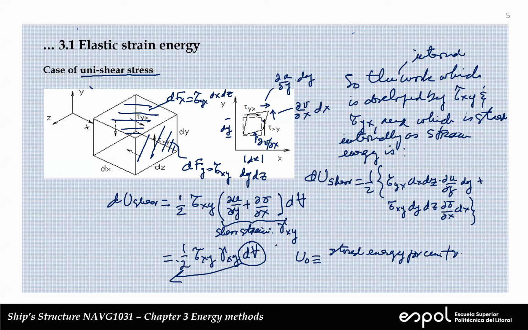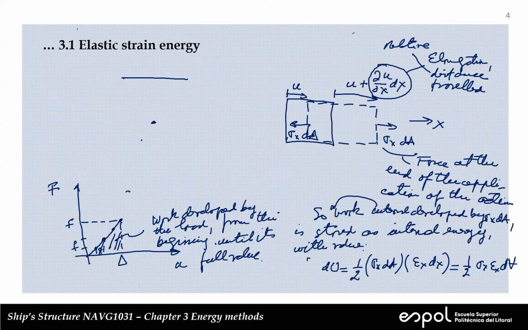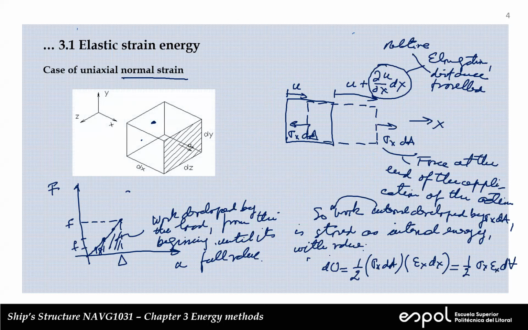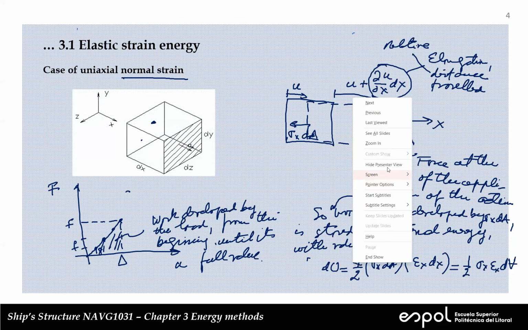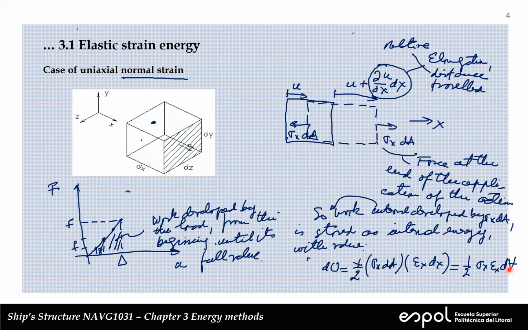From the previous case, let me go back here. You see that I have this. What I do is I take this differential volume and put it on the left-hand side, and I have 1/2 sigma x epsilon x.